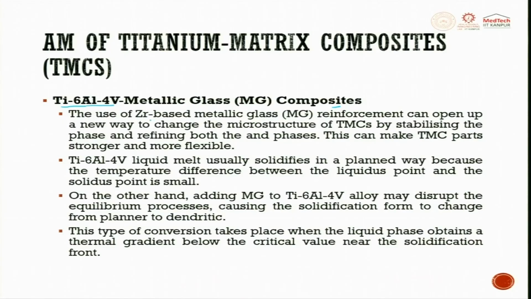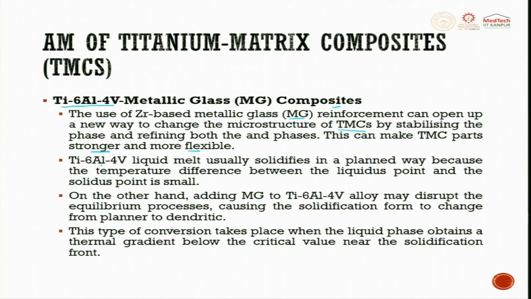The use of zirconium based metallic glass Mg reinforcement can open up a new way to change the microstructure of titanium metal matrix composite by stabilizing the phase and reinforcing both the phases. This can make titanium metal matrix composite parts stronger and more flexible.